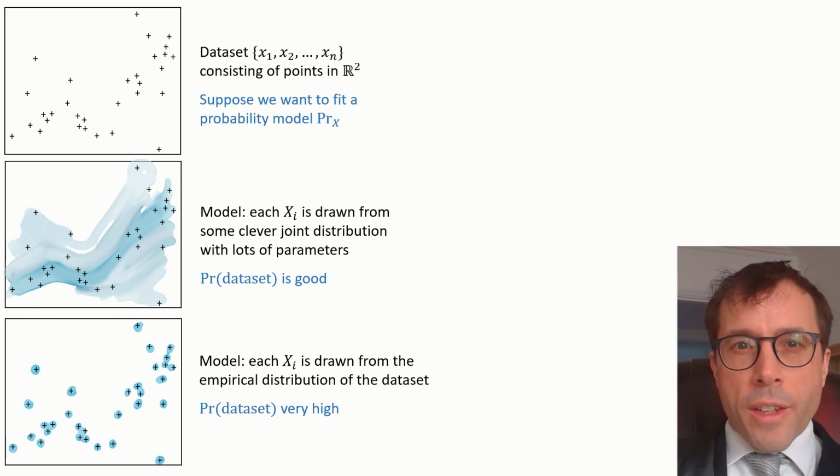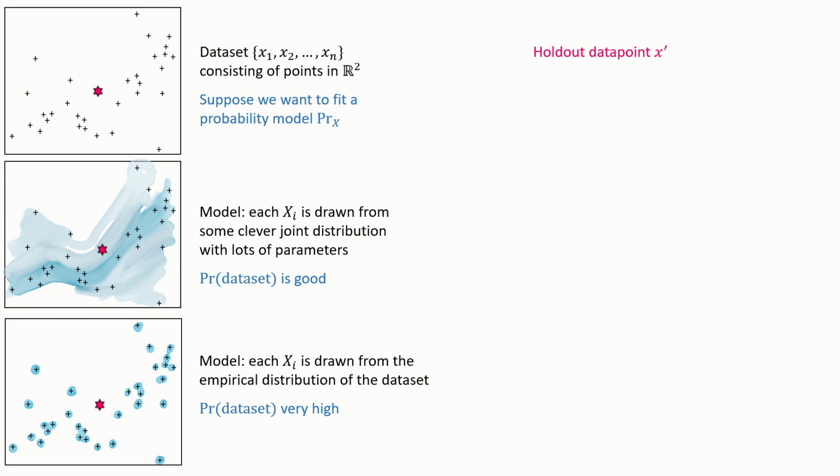To evaluate how good we are at generalizing, i.e. how good our model is at synthesizing novel data, we can use holdout data. Let's imagine we've kept a holdout data point aside, and now let's measure the likelihood of that holdout data point. The fancy parametric model in the middle plot gives it a reasonably large likelihood, and the empirical distribution gives it likelihood 0.